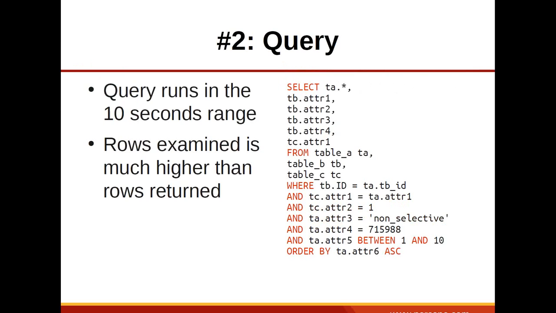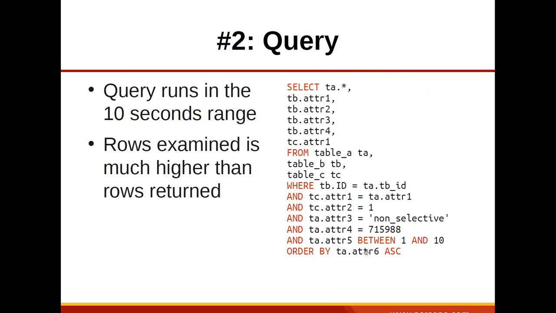And let's move to case study number 2, where I can show you a similar case study. We have 3 tables in this case: table A, table B, and table C. And we have some where conditions.